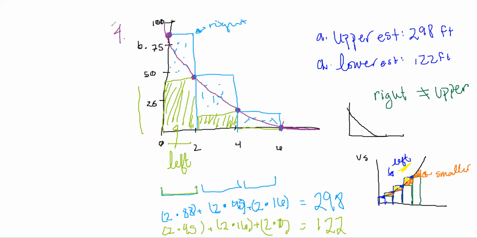So you slam on the brakes, how far are you going to go? That distance is going to be between 122 and 298 feet. We don't have anything more specific than that right now because we don't know how to find the actual integral. We're just estimating the integral. So all we know is it's between these two numbers. Okay.